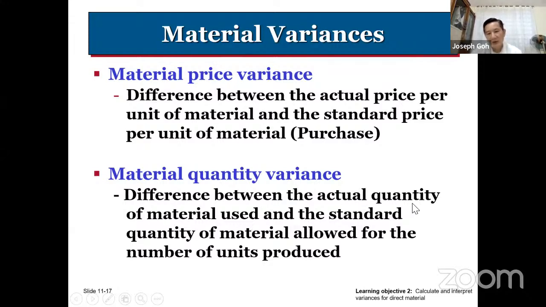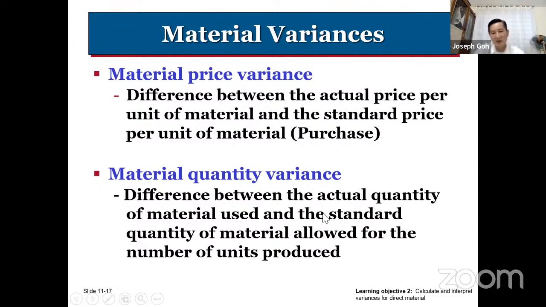So now you use 1,001 kg of material to produce the final product, and the standard quantity of material allowed, that means you allow only 1,000 kg of veggie to produce the final product A, but now you use up 1,001 kg. So in other words, you overuse the veggie by extra kg already. So it's unfavorable, which overspends the cost again.